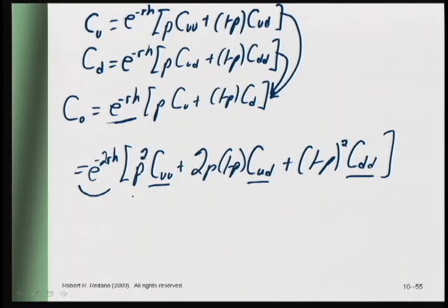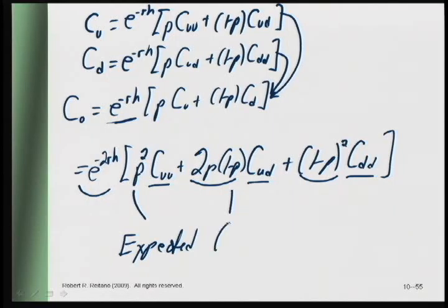If P is the probability of an up state, this is the probability of two up states. This is the probability of an up and a down, and this is the probability of two downs. So this is a straightforward generalization of the notion of what's called an expected present value.